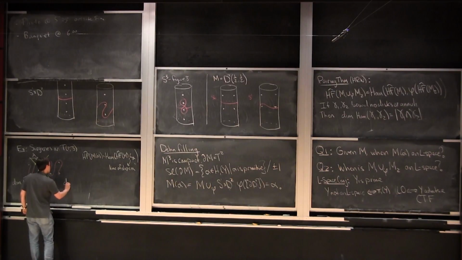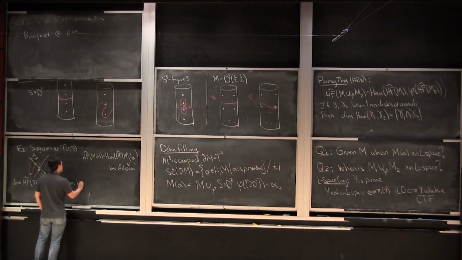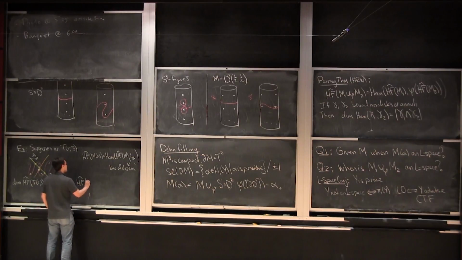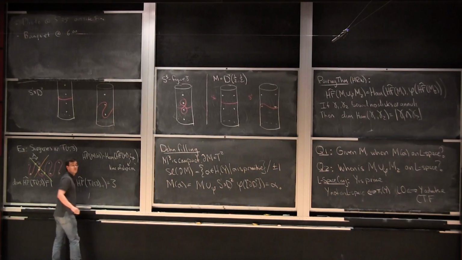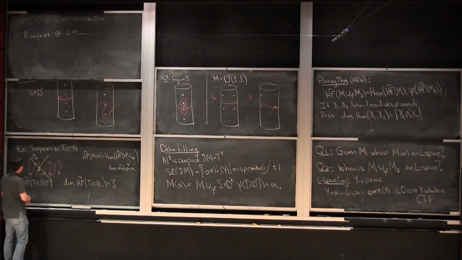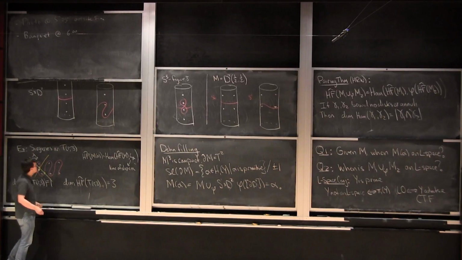So the dimension of HF hat of -1 surgery on the trefoil is 3. And actually, just by counting the signs of intersection here, you'd see that you have, say, 2 generators in one mod 2 grading and 1 generator in the other.